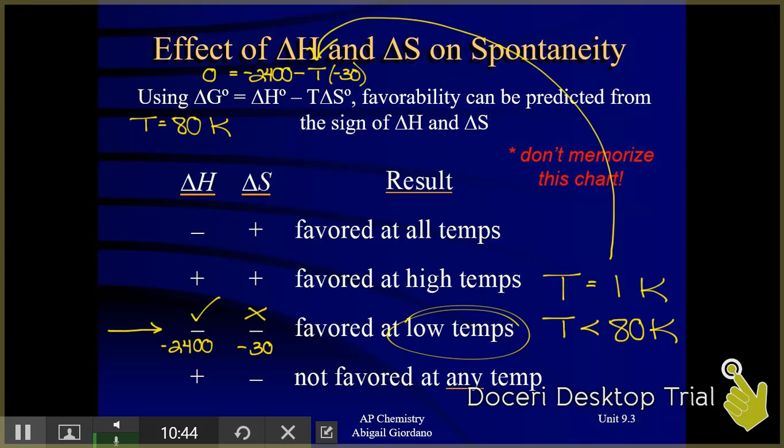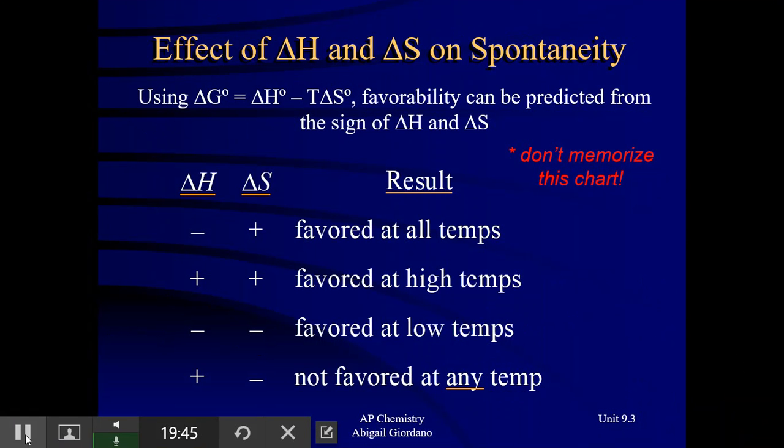I promise you, you will get a negative value for delta G. Negative delta G means favored. So occasionally, guys, you will have questions, especially in multiple choice, where you're not expected to do much math, and you'll be asked to make a prediction on whether this particular combination of delta H and delta S is going to result in a favored reaction.